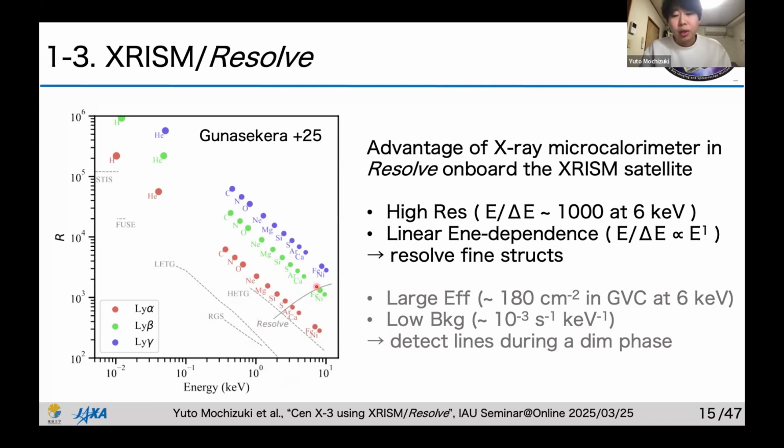In the case of the grating detector, the energy resolution follows a dependence of E to the power of -2, which means that as energy increases, the resolution decreases significantly. However, in the case of the X-ray microcalorimeter, E over delta E follows a dependence of E, meaning that the resolution remains high even at high energies.